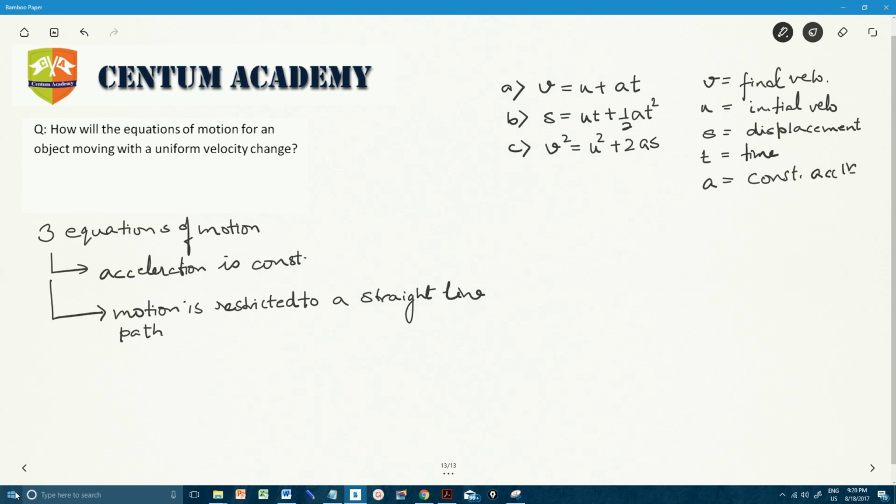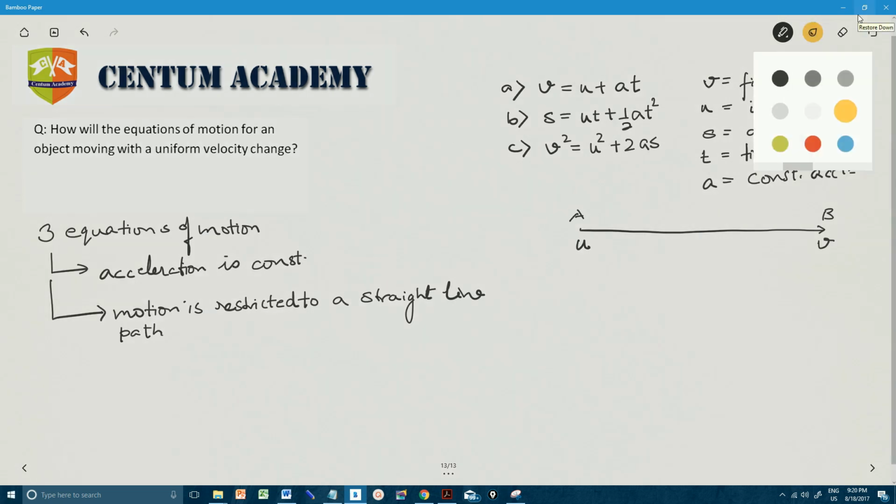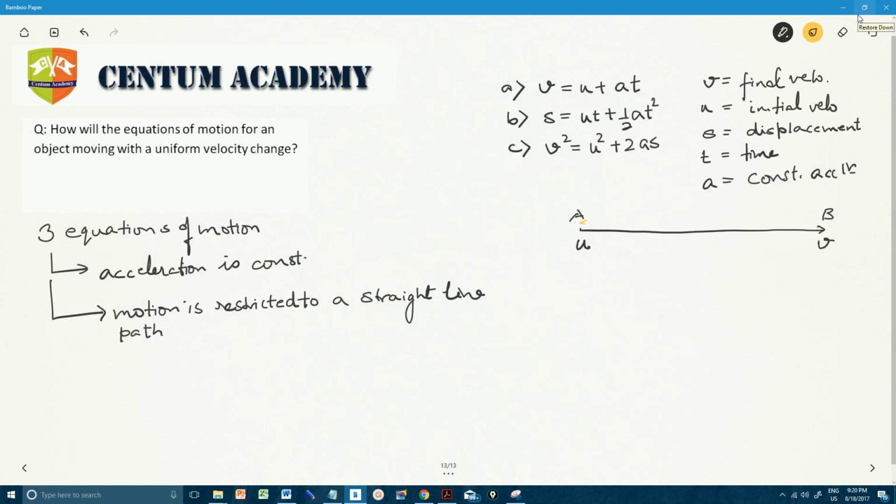So what's happening? Basically the body is moving in a straight path, let's say from A, and it goes to B. When it started, its initial velocity was u, and when it was at point B, it was moving with a velocity v. This distance or displacement, it is a straight line, so distance and displacement will be the same, and this value is s.